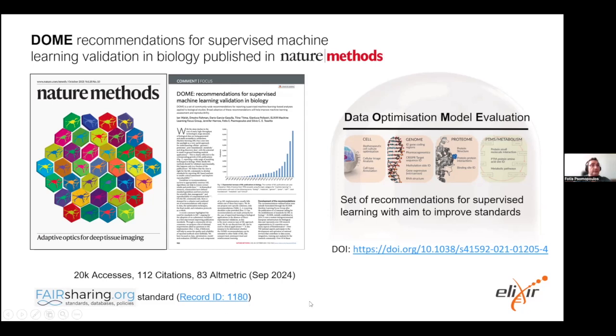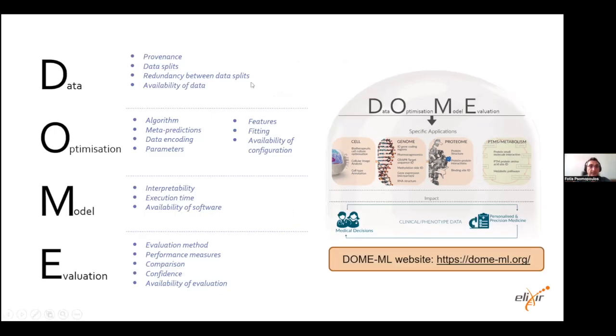So what are the DOME recommendations? DOME itself is an acronym that stands for Data, Optimization, Model, Evaluation, and essentially it comprises, for each of those elements, some key questions that one needs to address in order to move ahead. I will go into a bit more detail in the next few slides.